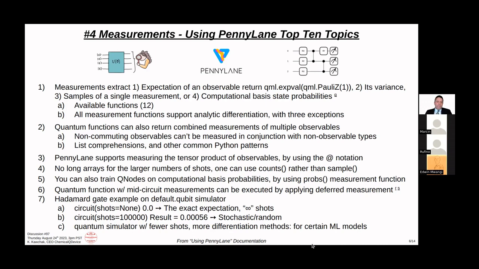So the gentleman that responded to my questions said that yes, it is preferred to have infinite shots in some cases. On a real quantum computer, if you were doing real machine learning, you would have to do 100,000 shots to get this result every time you did a batch.